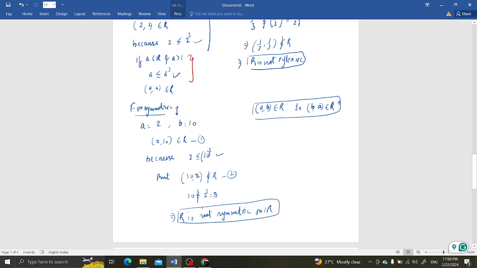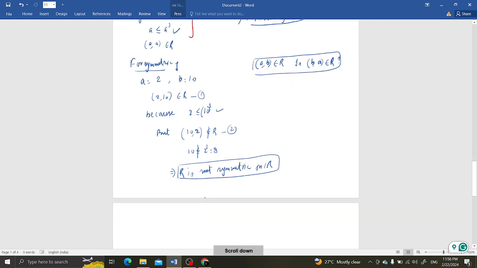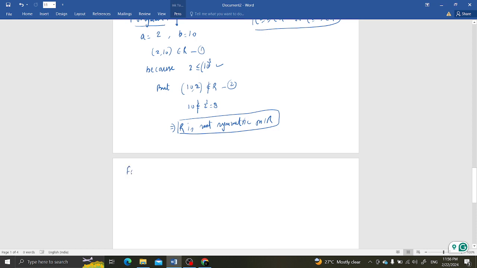Now transitivity we can check. For transitive, how can we check the transitive property? See here. If (a, b) belongs to R and (b, c) belongs to relation R, then what we need to check is whether (a, c) belongs to R or not.